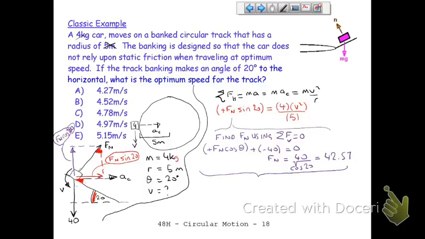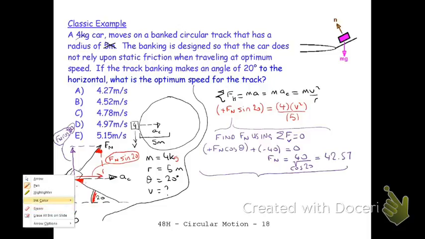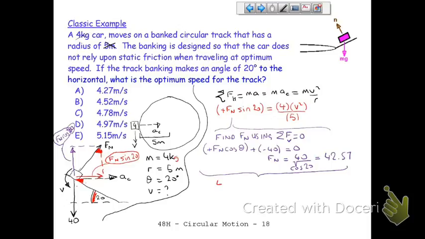Okay. So now I come back here. Sorry, I'm having trouble with my colors. And I say 42.57 sine 20 is equal to 4v squared over 5.